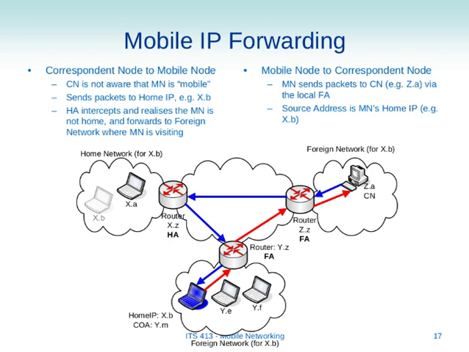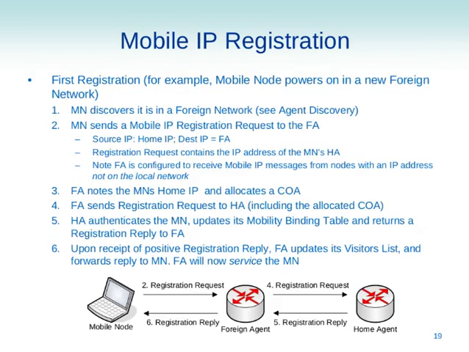It needs to perform some registration. How does the registration work? First, the mobile node needs to discover which foreign network it's in. We'll go through how that works with agent discovery. That is, we need to know who the foreign agent is. So there's a process called agent discovery.